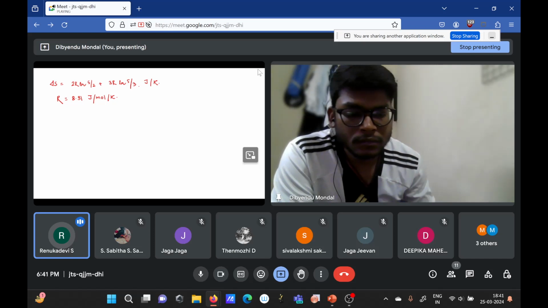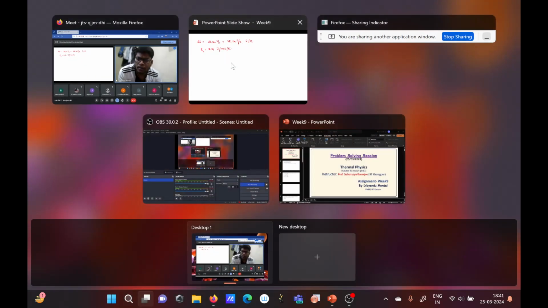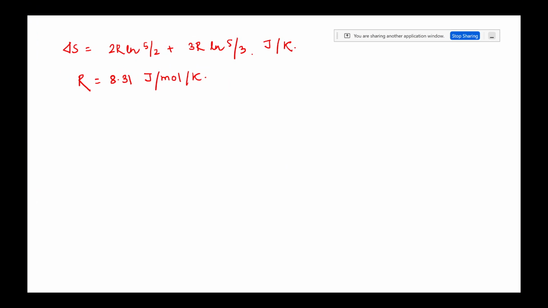Sir, I think 26.74. There is 2R, and for 3R, ln 5 by 3 is 0.5 and 3R is 24, so this is coming out to be 12. 2R is 16. What is ln 5 by 2? ln of 5 by 2 is 0.91, times 16.62, that is 14.95, and there is 12.